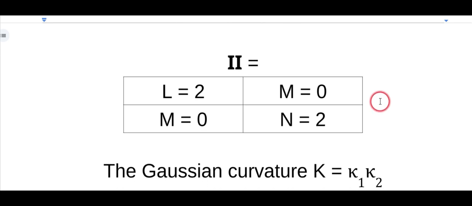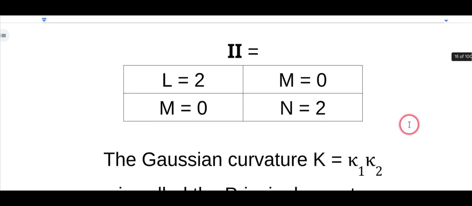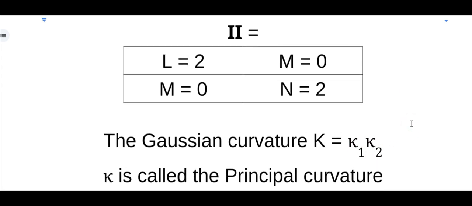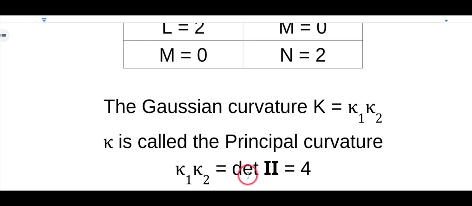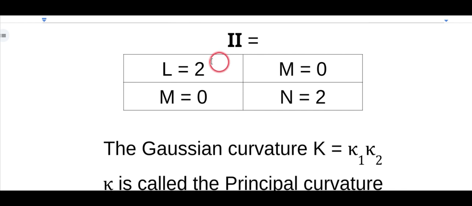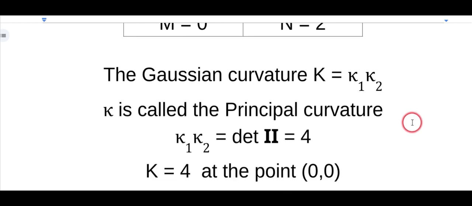All right, now what can we do with this? The Gaussian curvature, one of the definitions of it is K is equal to kappa 1 times kappa 2, where kappa is called the principal curvature. Okay, and it is just the determinant of this, the second fundamental form. So kappa 1 is 2, kappa 2 is 2, so the curvature is equal to 4 at the point 0, 0.